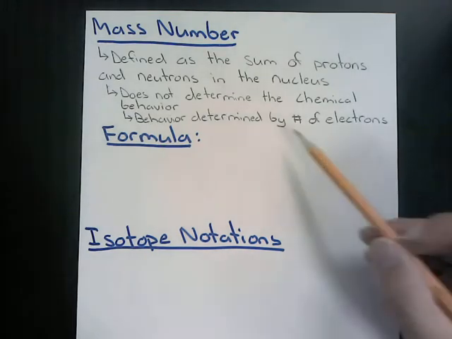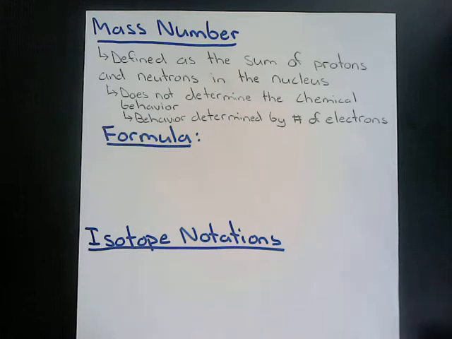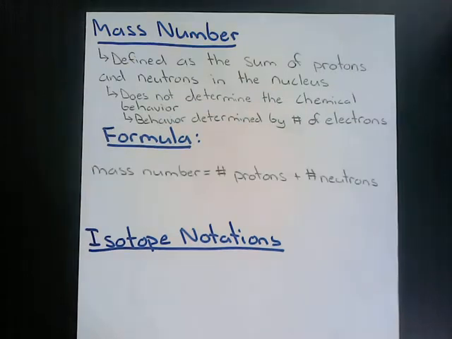Now, what's really nice about the mass number is that it has a formula. The mass number is equal to the number of protons plus the number of neutrons. Again, mass number is equal to the number of protons plus the number of neutrons.